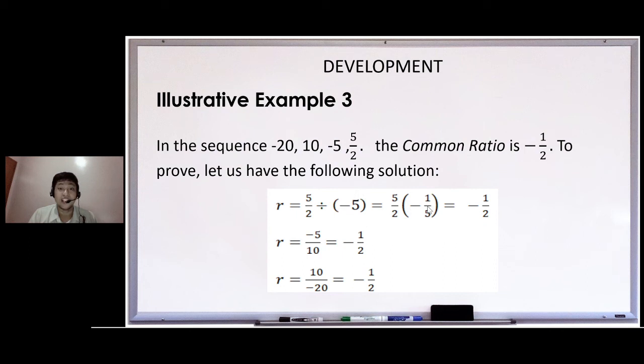So this becomes negative 1/5 and proceed to multiplication. Whenever we multiply unlike signed integers or fractions, the sign is negative, right? So you can cancel out 5 here. So what you have is negative 1 half. Or you can multiply the numerators and the denominators. So 5 times 1 is 5. 2 times 5 is 10. So what is the lowest term of negative 5 tenths? Very good. Negative 1 half.